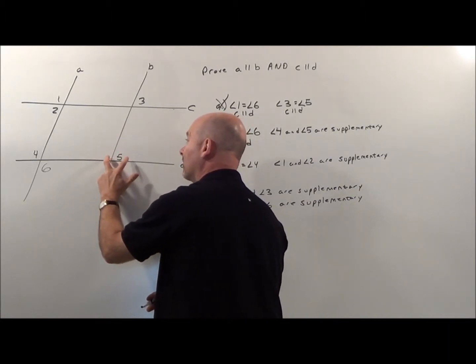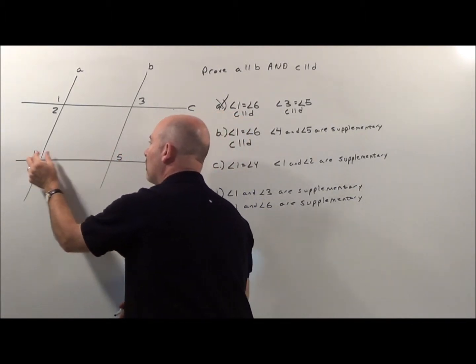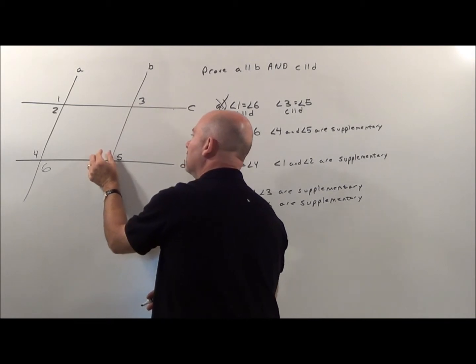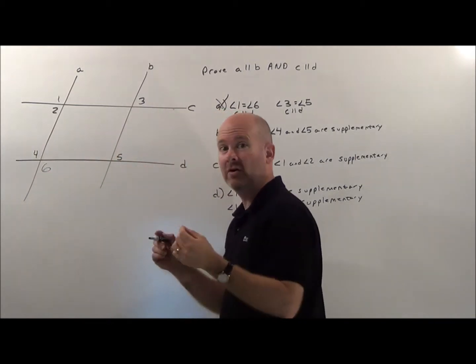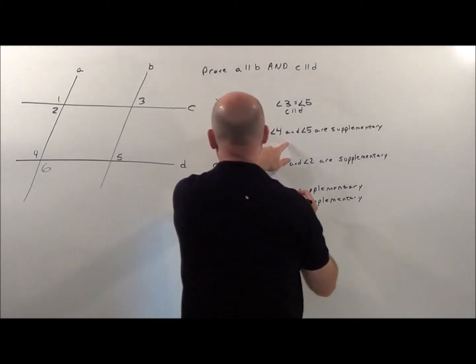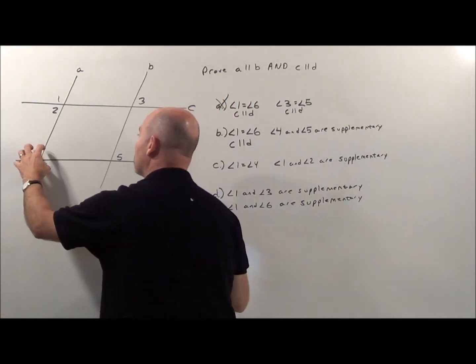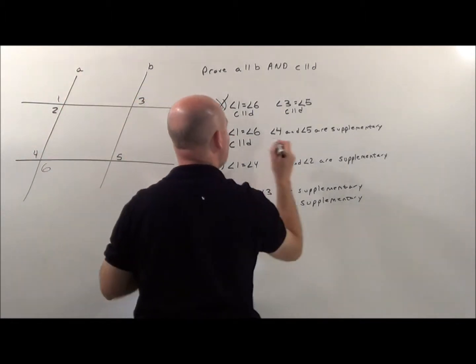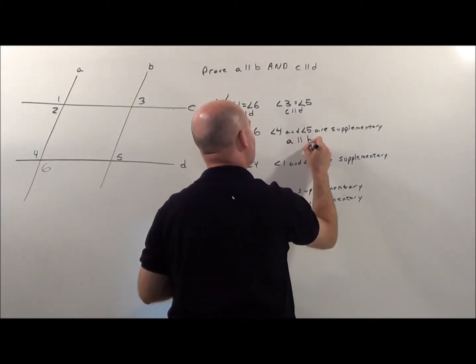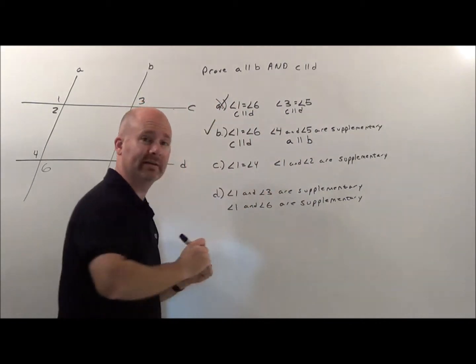They're a linear pair. So since 4 matches this angle, and that angle and 5 are supplementary, that means 4 and 5 are supplementary. That does prove, since we're going from here to here, this being our transversal, that A is parallel to B. This is the one we want.